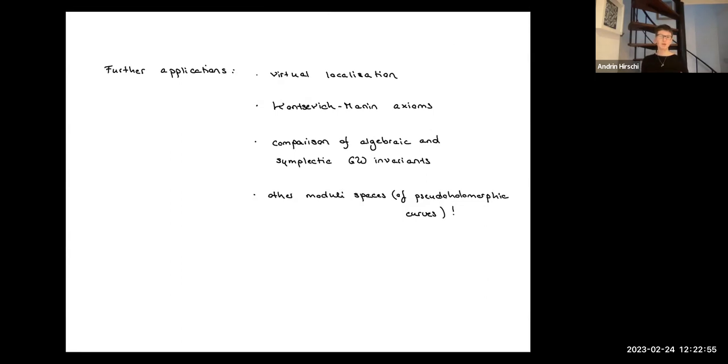Now, let me say a few further applications to motivate my second part a bit more. Mohan and I prove a virtual localization formula, which is an Atiyah-Bott localization formula, and very similar to the localization formula you have in algebraic Gromov-Witten theory.